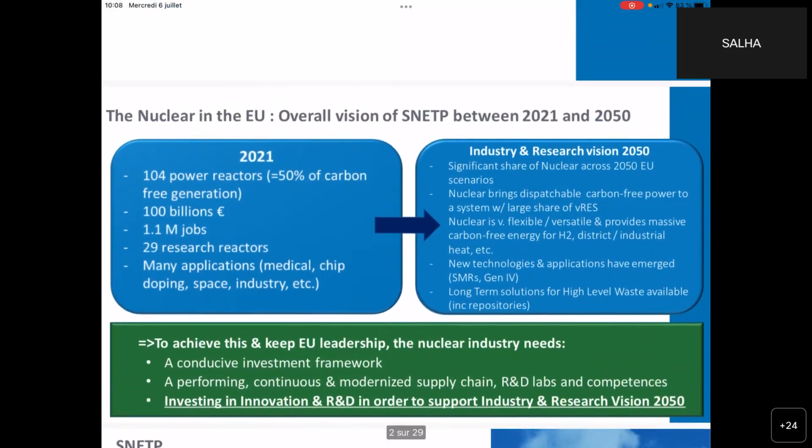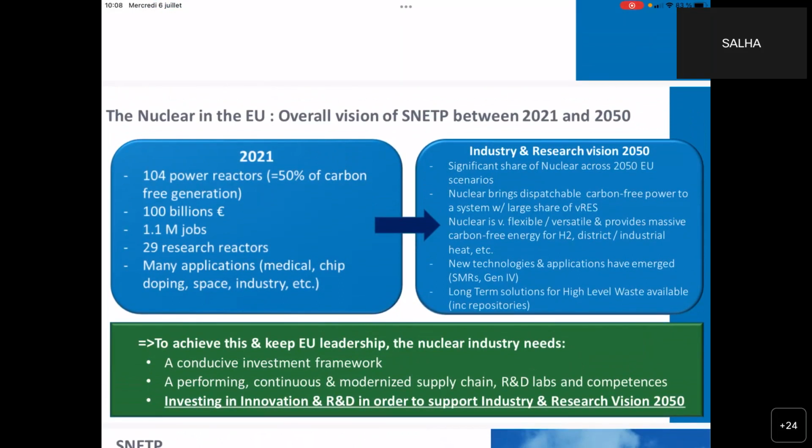So in fact, today we have really in Europe by 2021 a huge amount of activity dealing with nuclear. You see the number of 104 nuclear power reactors, which represent more than 50% of carbon-free generation in Europe.